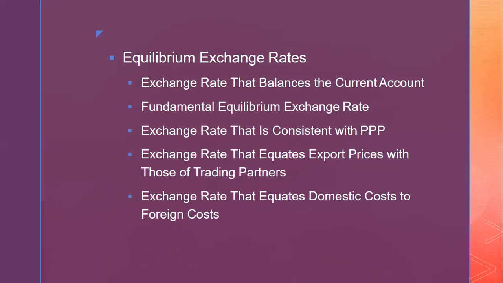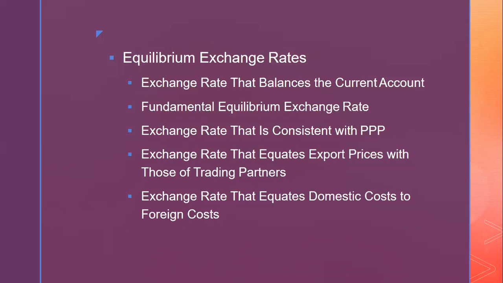Basically we have 5 such equilibrium exchange rates: the exchange rate that balances the current account, the fundamental equilibrium exchange rate, the exchange rate that is consistent with PPP, the exchange rate that equates export prices with those of trading partners, and finally the exchange rate that equates domestic cost to foreign cost.